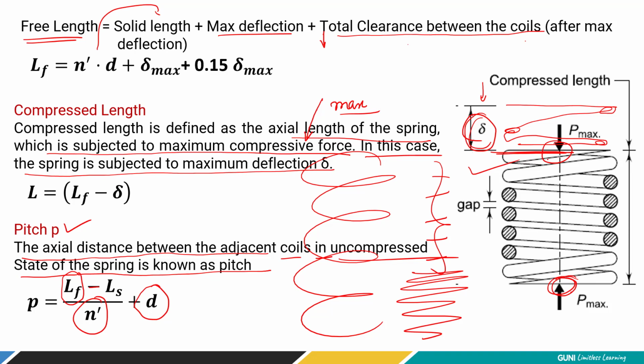They are not participating in deflection, but still, to find the pitch distance, we have to consider them, right? So here, half of this dimension and half of this wire diameter. From this center to this center is called pitch. So we do have to consider this value, right? That's why the wire diameter is added. So from free length, subtract the solid length. Whatever distance is remaining, divide by the number of turns, and that is pitch, okay?